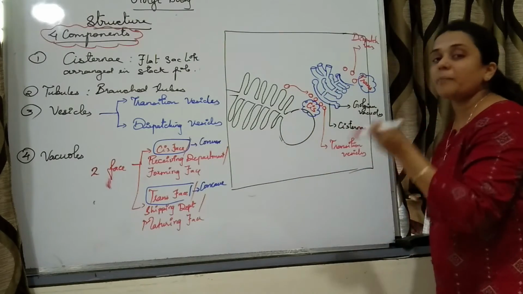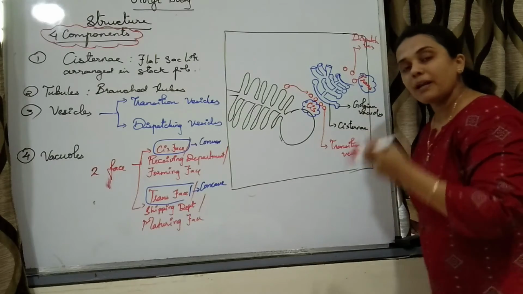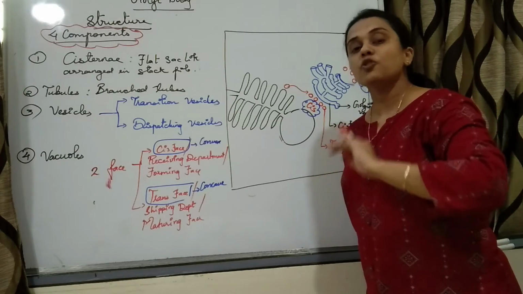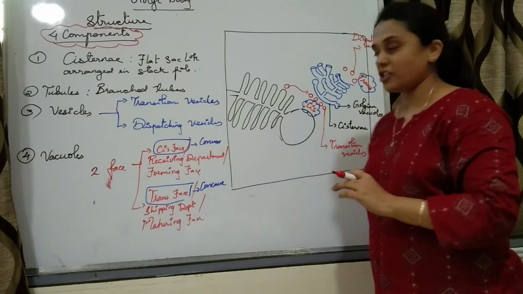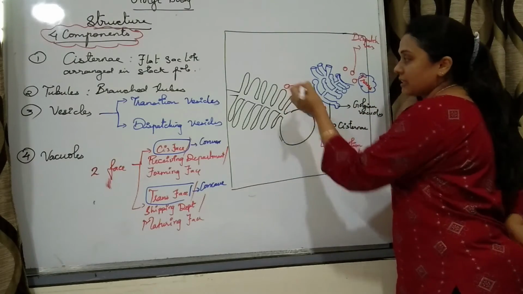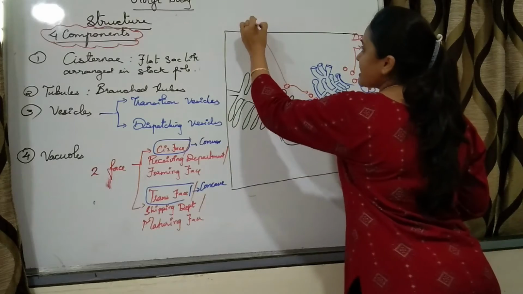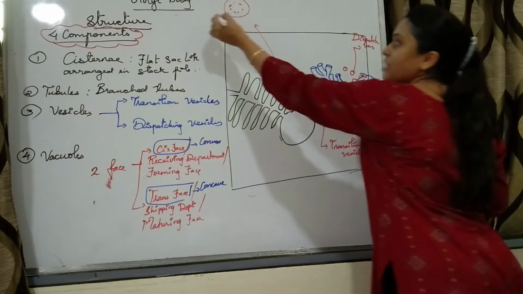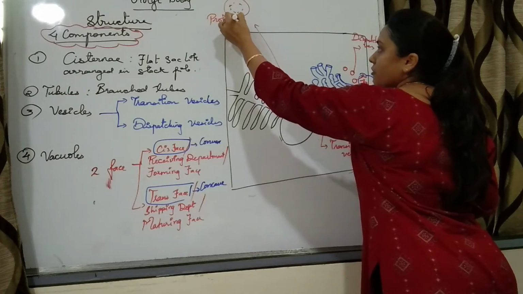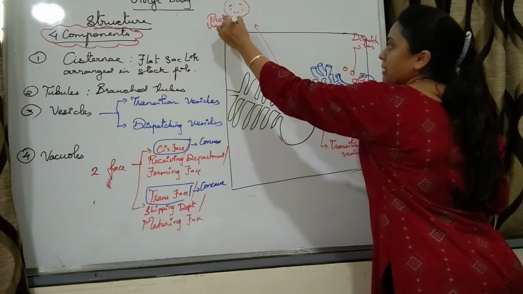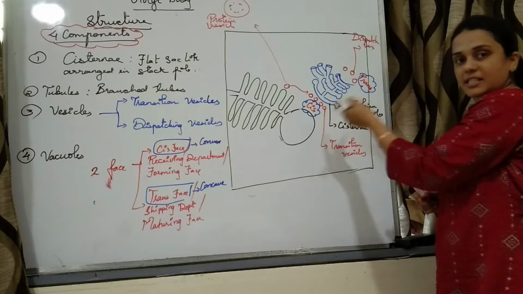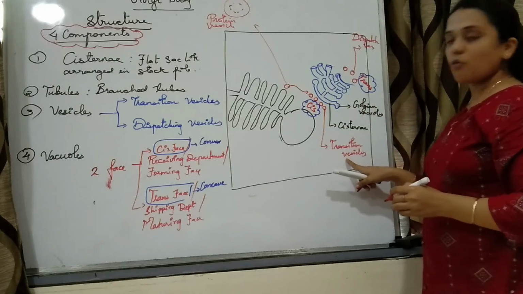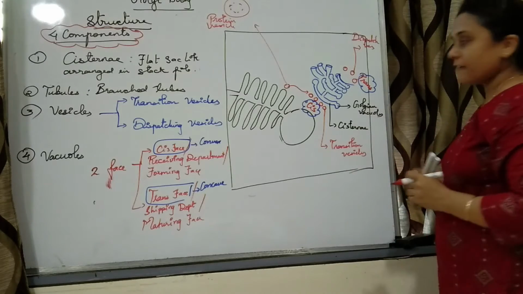It is receiving the materials from the endoplasmic reticulum in the form of vesicles, which need to be modified and packaged. Say this was a vesicle filled with protein, so it is a protein vesicle. This vesicle has reached the cis phase, the receiving department. These vesicles are now called transition vesicles.